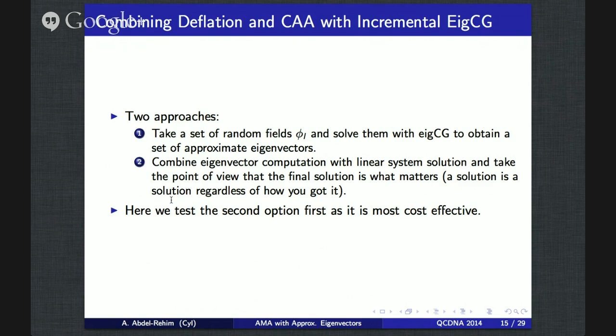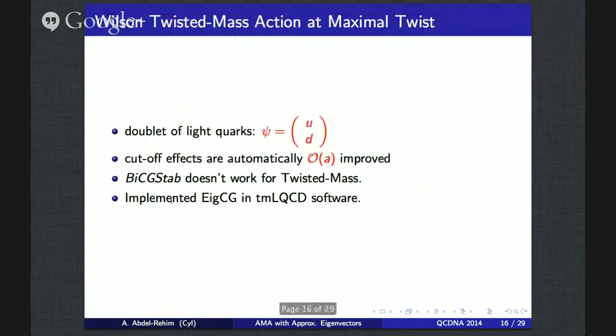So this is what we are trying to test here: to look at this second option, because like I said, it's mostly cost effective. We can do all these calculations together. So I apply this to the twisted mass action at maximal twist. I won't go into too much detail, but in twisted mass, quarks are introduced as doublets, and it has the nice property of automatic O(a) improvement of the correlation functions.